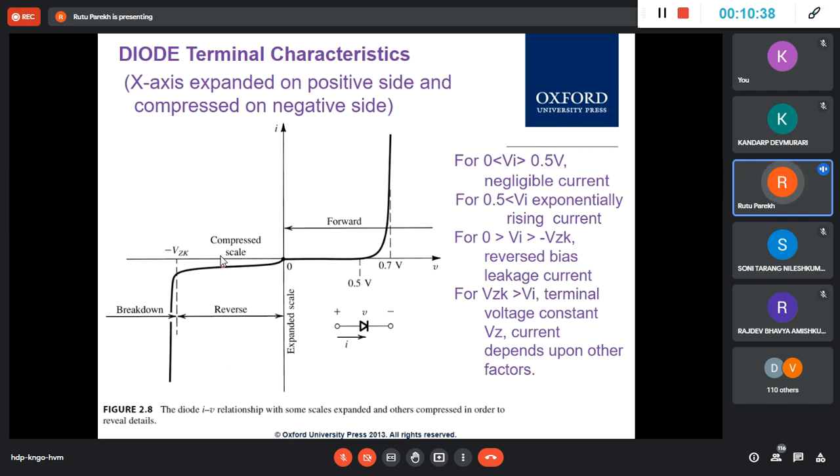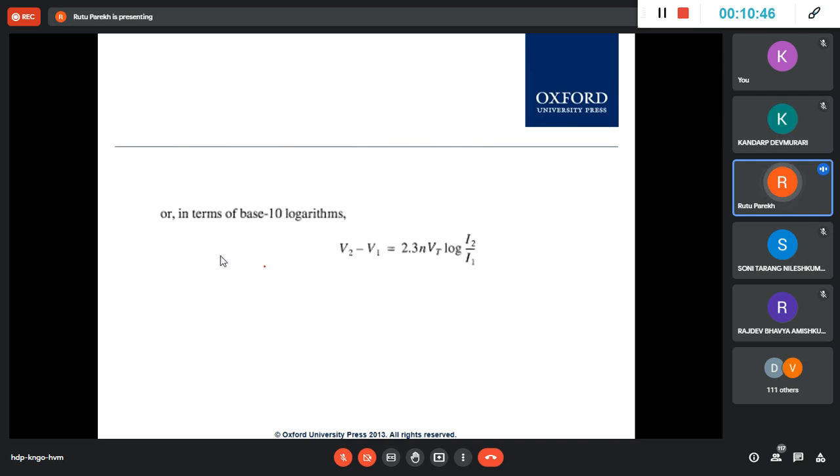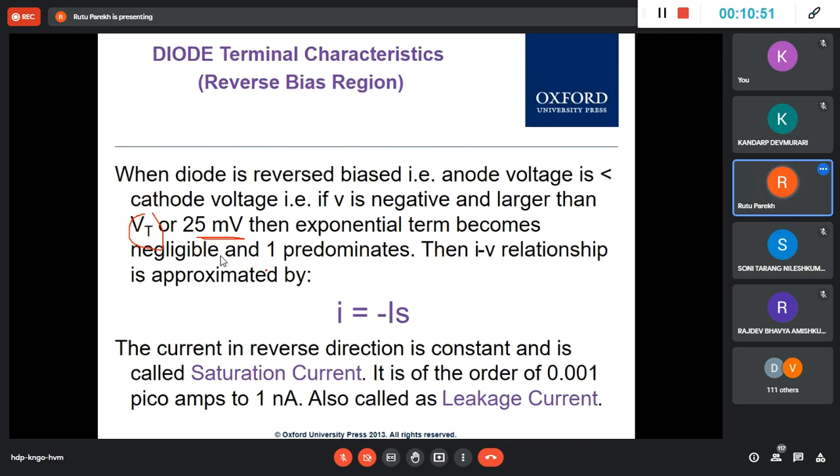And then here in the reverse also, you have this in the nano pico range, the current, which is almost, you can say, negligible or zero, but it is still there. You can say that there are few carriers that are always moving. And that is something that is not desirable, because it should be completely zero, right?